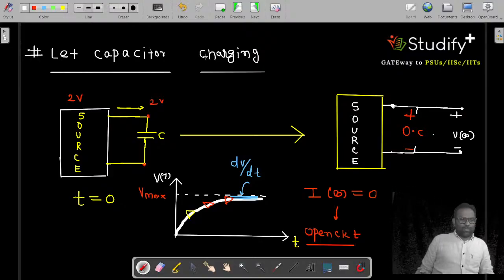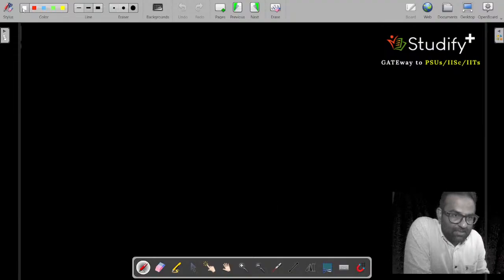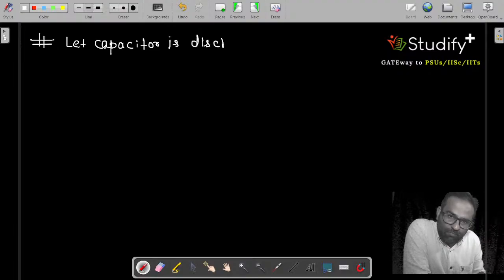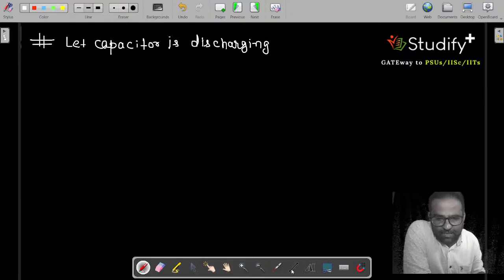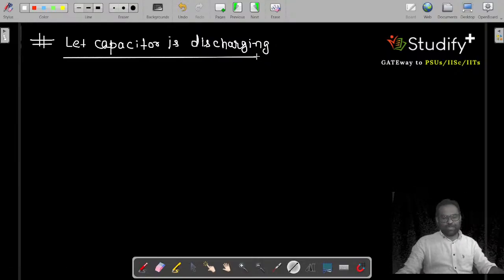But we can calculate the second case, when the capacitor is discharging. What happens to the circuit when the capacitor is discharging? That is another case. I am taking the second case, when the capacitor is discharging, and how will we represent it?